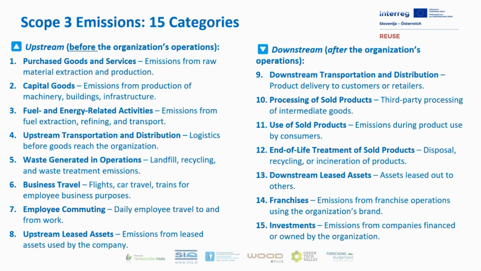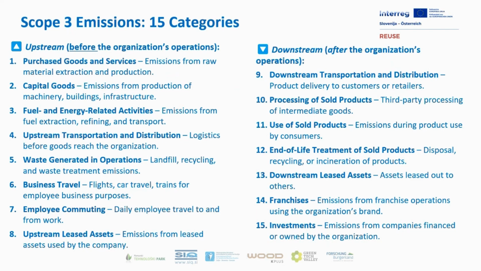These are emissions from moving goods before they reach the organization, such as shipping raw materials from suppliers. Category 5, waste generated in operations. This includes emissions from managing waste created during business operations, such as landfill or recycling. For example, methane emissions from landfilling industrial waste.